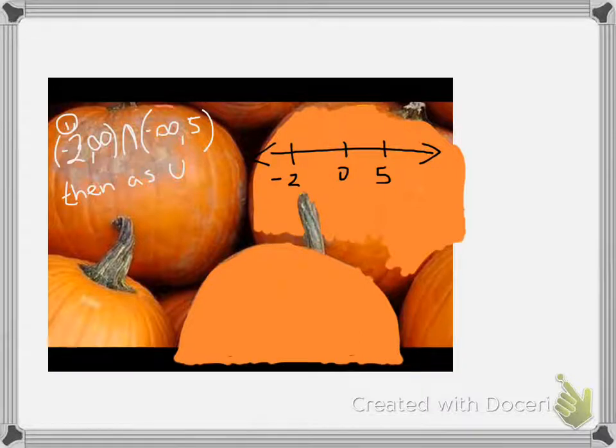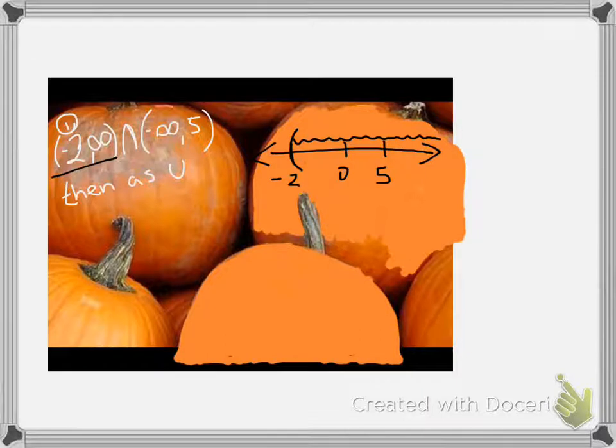Now, I am first going to notice that I am supposed to be graphing from -2 to infinity, and it is an open interval, so it would be a parenthesis, and I am shading towards infinity, which is to the right. The other one is telling me I should be going from -infinity.